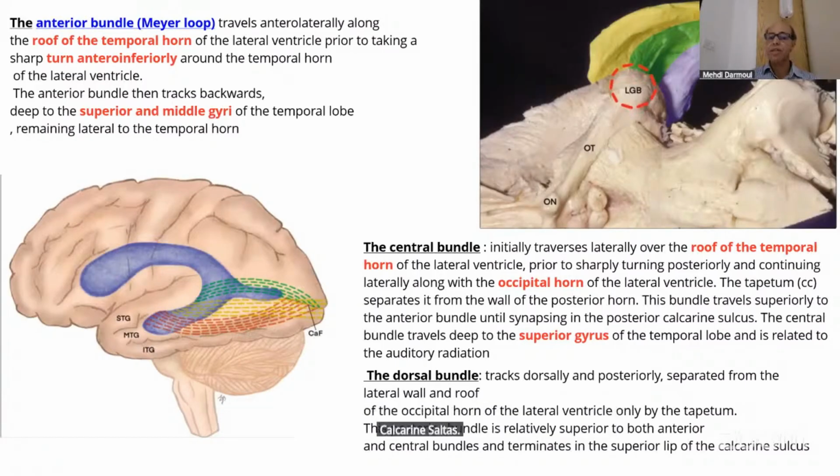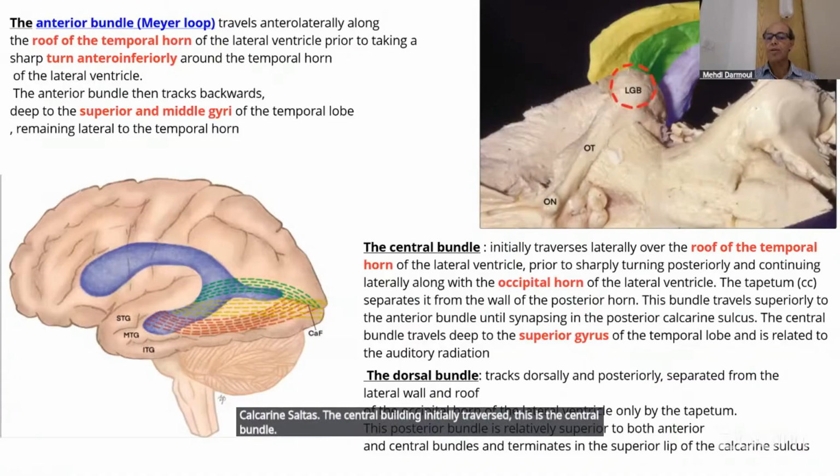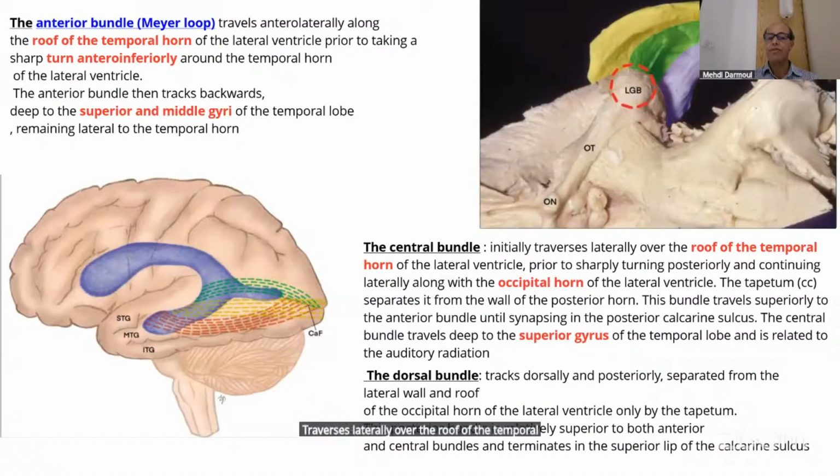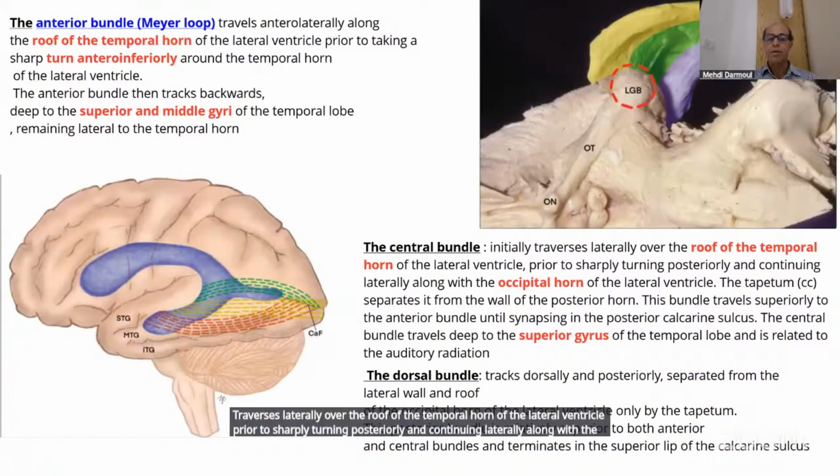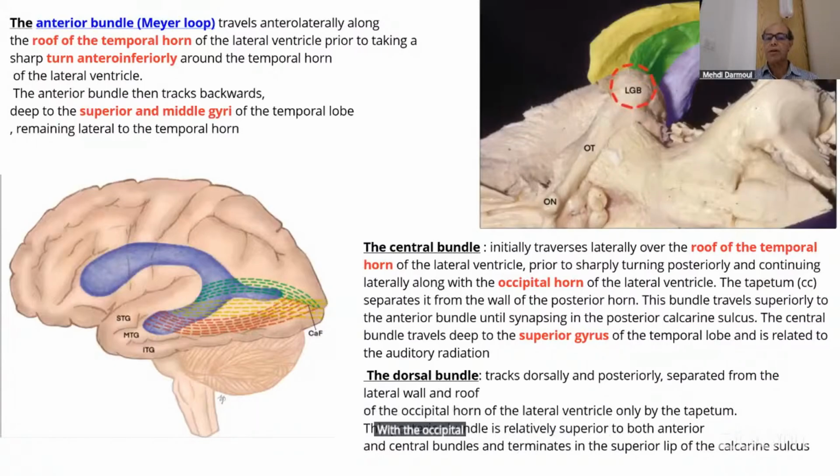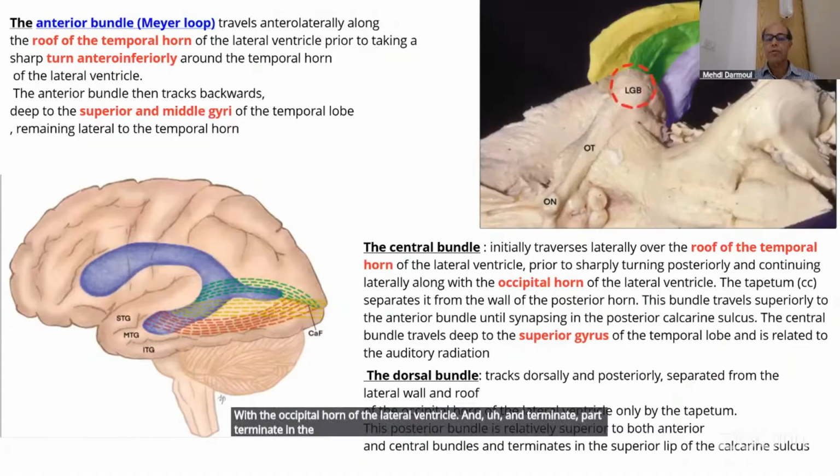The central bundle initially traverses laterally over the roof of the temporal horn of the lateral ventricle prior to sharply turning posteriorly and continuing laterally along the occipital horn of the lateral ventricle, and terminates in the inferior lip of the calcarine sulcus.